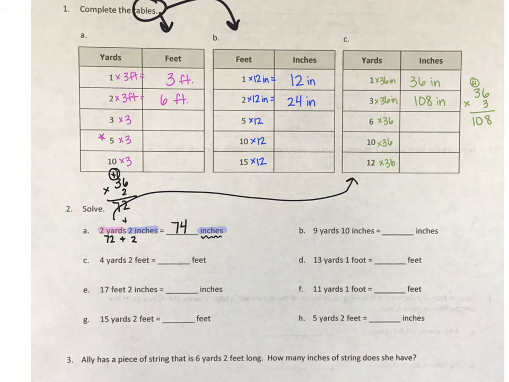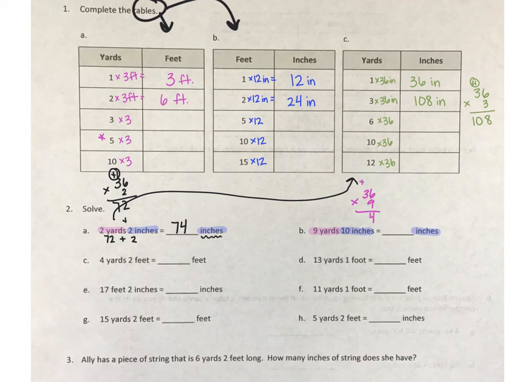Remember, we're taking these two things and separating them out, and we're going to be doing this for all of them. So we have 9 yards plus 10 inches gives me how many inches altogether. Again, I have to convert my yards into inches. So I'm going to start with 36 times 9. 6 times 9 is 54.